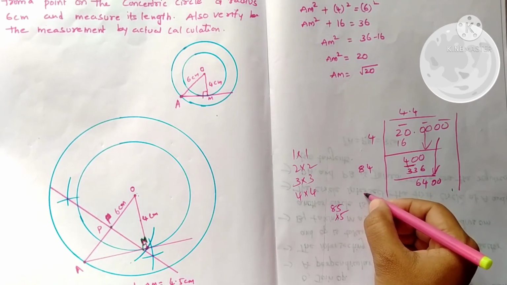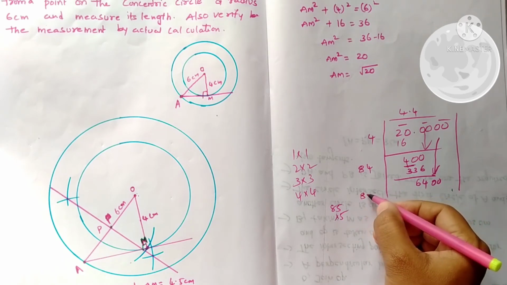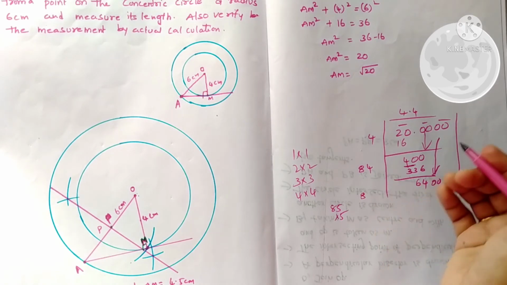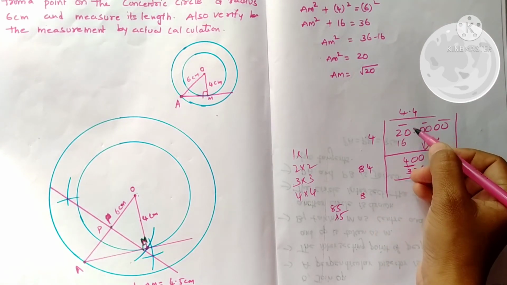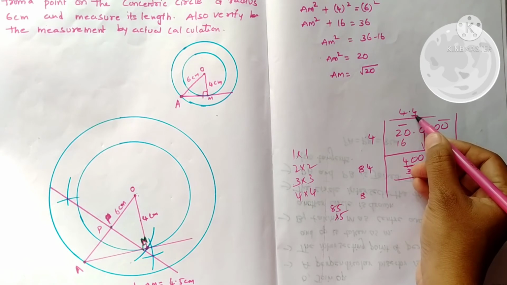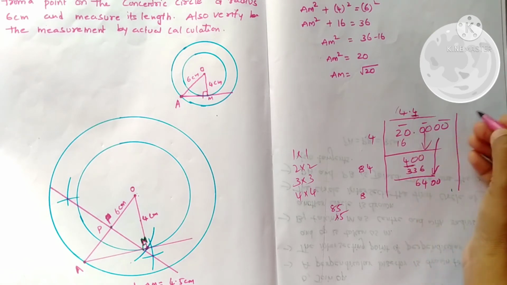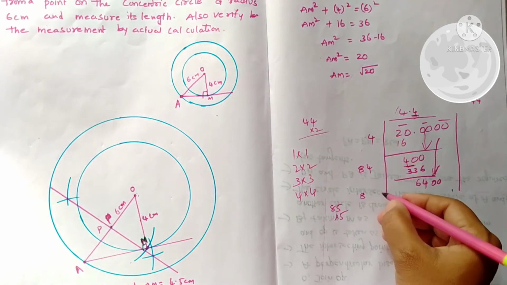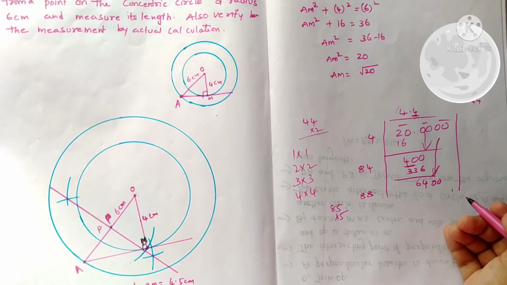Again, the next number we wrote here is 4. We want to double this 44 without the point. If we double 44 without the point, it is 88. So write 88 here.